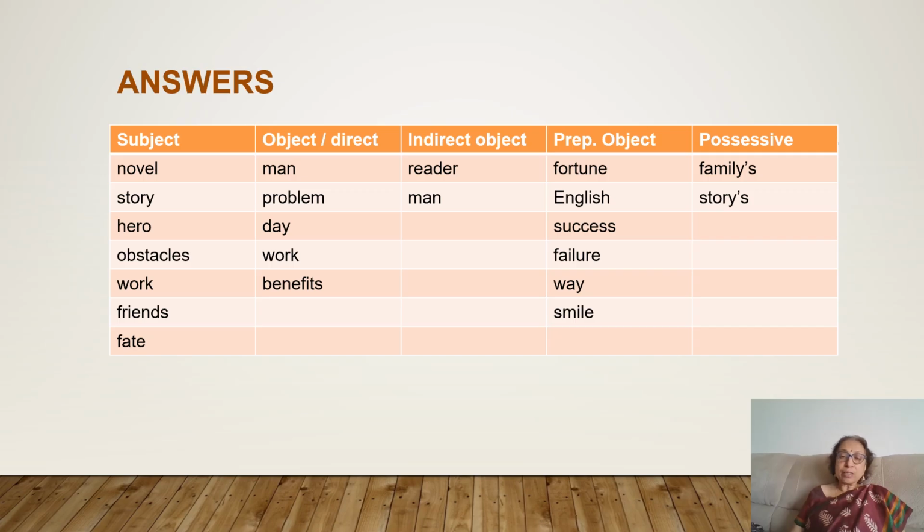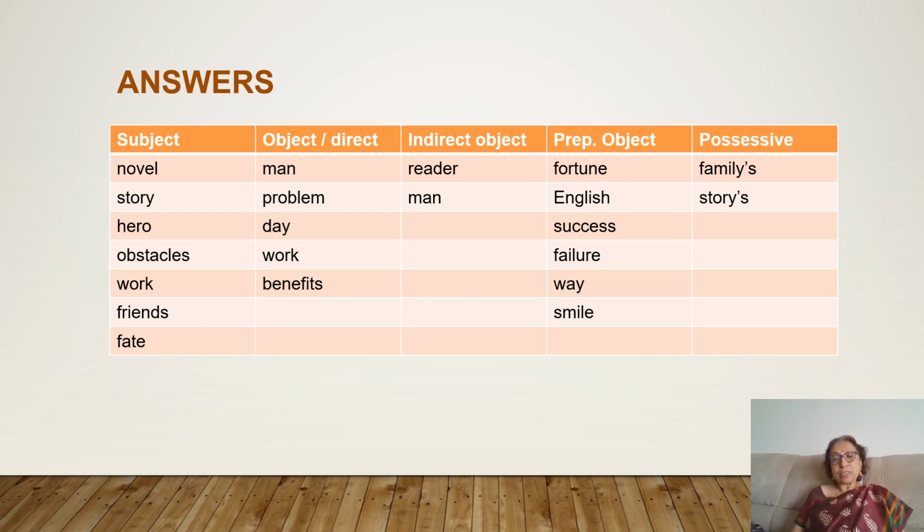The story's hero. Now stories becomes okay, family's fortune. I forgot family's. In the first sentence, you have the word family's fortune. So fortune we saw already. Family's is the possessive form. Here again, story's is the possessive form. Hero is the subject, because the hero becomes a rich man.